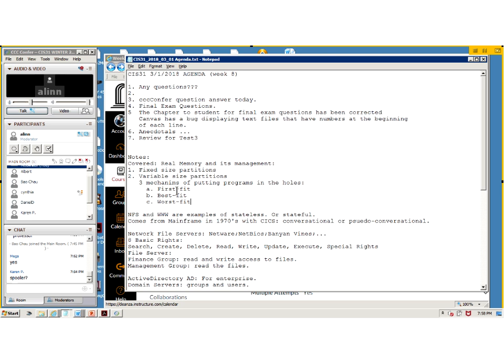And there's a test question on this. You have to understand how to place two programs into a block of memory that has some holes in it. You'll say, well, I'll put A in hole 1 and B in hole 2, or I'll put A in hole 3 and B in hole 1, etc. So are there any questions about this?